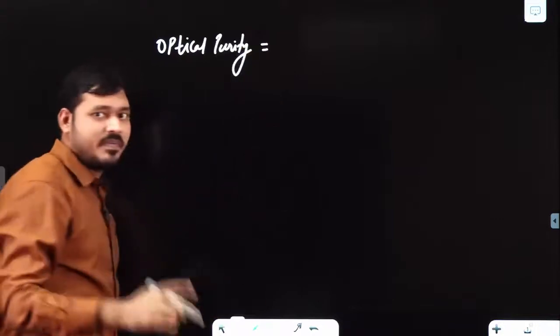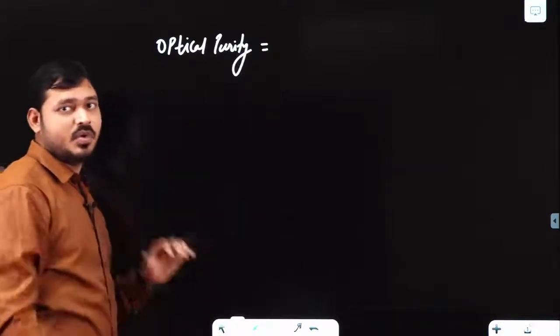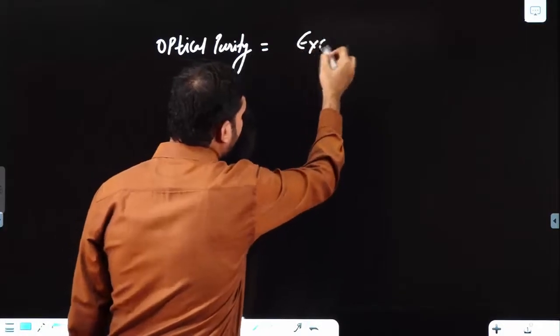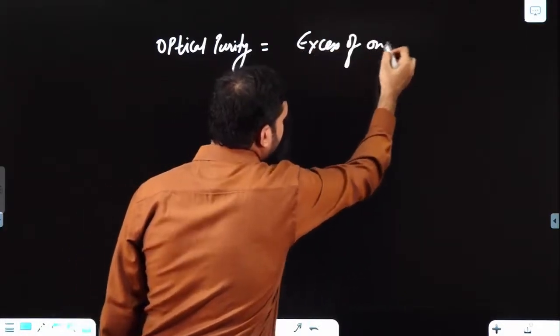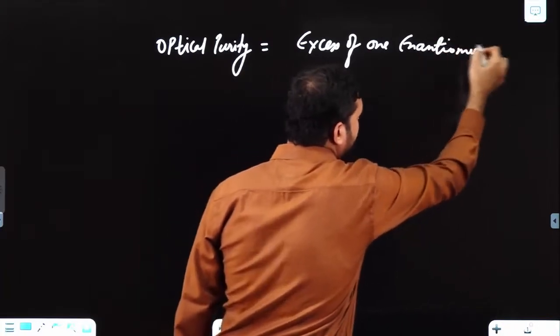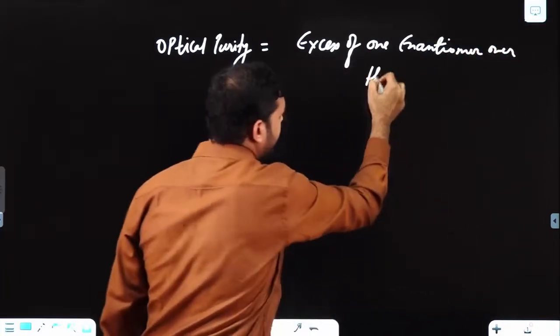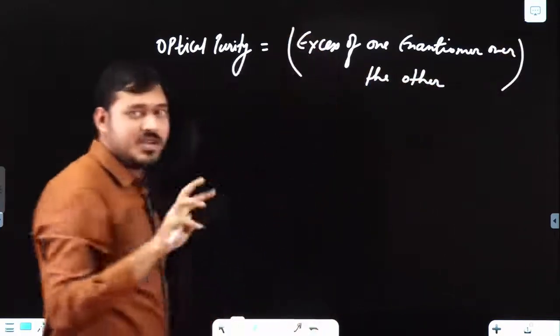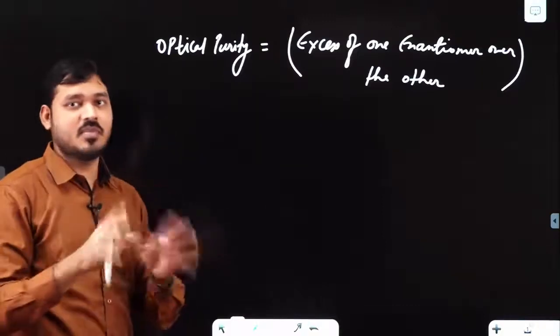Optical purity can be found out using two different modes as well. One form is: optical purity equals the excess of one enantiomer over the other. That means we have enantiomers with different or same compositions.